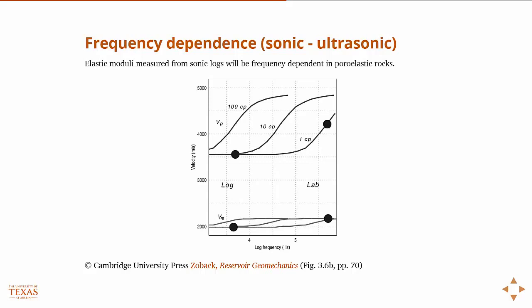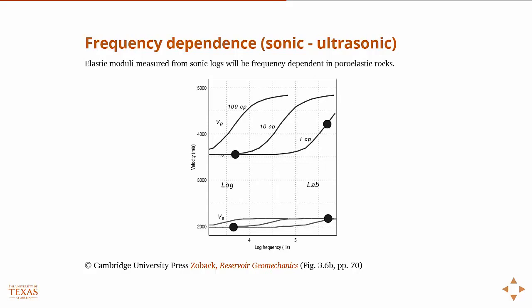And you see that the shear wave has a lower frequency dependence than the pressure wave, okay? And this is pretty typical in that you'll see this sort of limiting case. So on the lower end, you have a plateau, and then there's some transition frequency range, and then you sort of have a plateau on the upper end, okay?